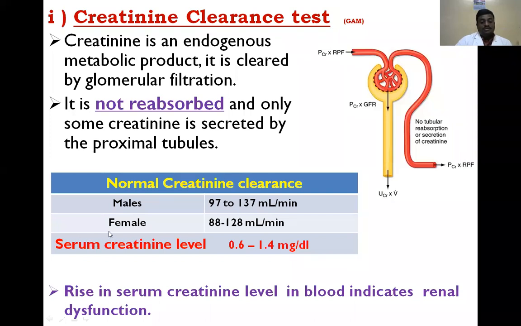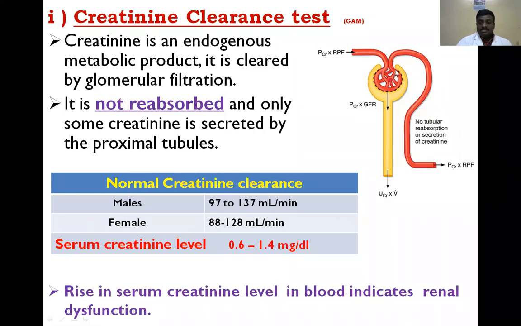In the blood, the serum creatinine level is 0.6 to 1.4 milligrams per deciliter. We need to estimate these values. If there is any abnormality, there is a problem in the glomerular part. There is no filtration, so a raised serum creatinine level in the blood indicates renal dysfunction.